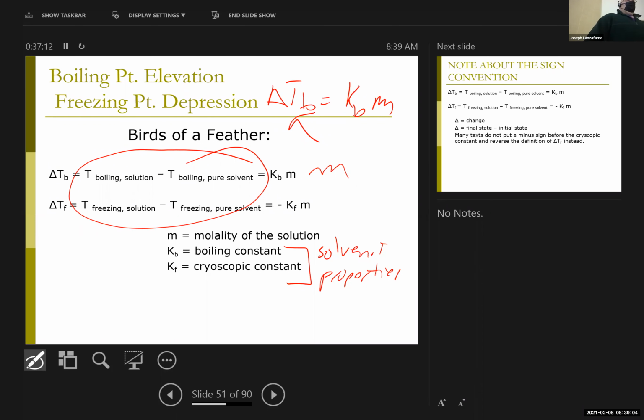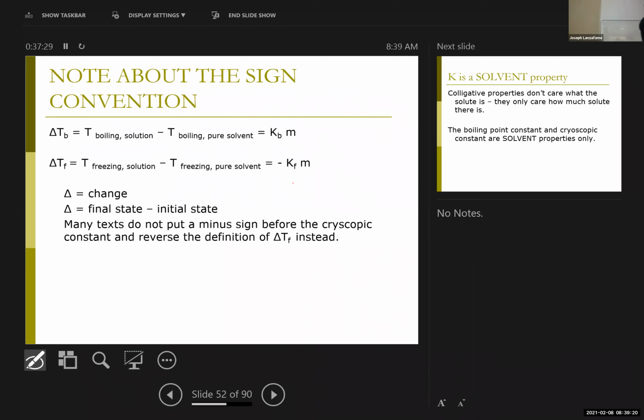Also, please note, this looks different on the internet and in OWL and most other sources because I insist on putting this negative sign here. In most places they don't, and I do it because it's only logical, true, and right.